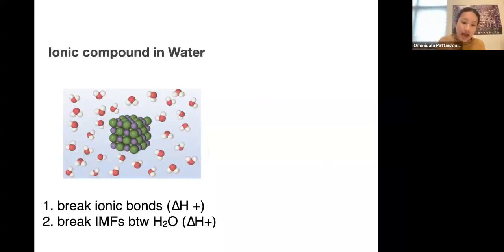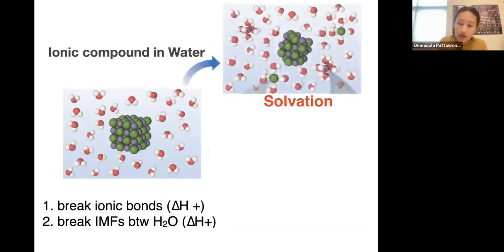Water also needs to make space for the ions. So you also need to break the intermolecular forces between water molecules, which is the hydrogen bonding. This process is also endothermic. The water molecules then surround the ions of the ionic compound and pull the ions out one by one.